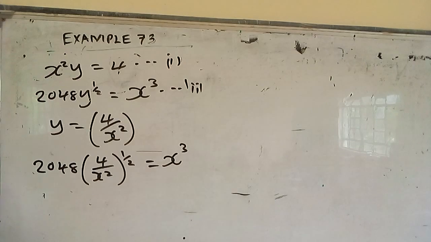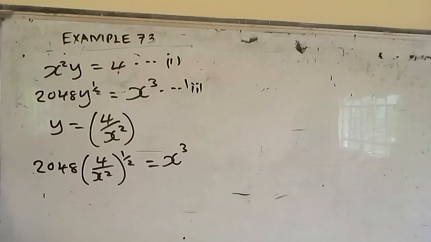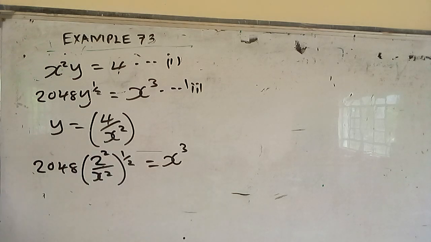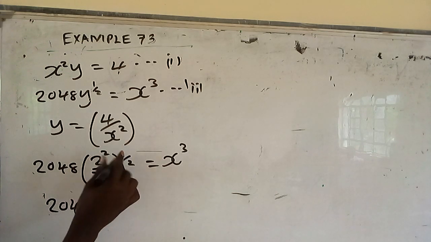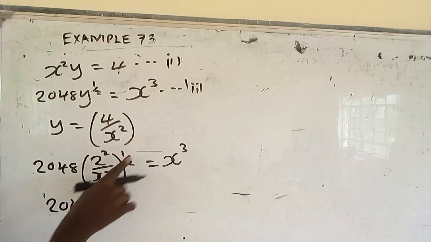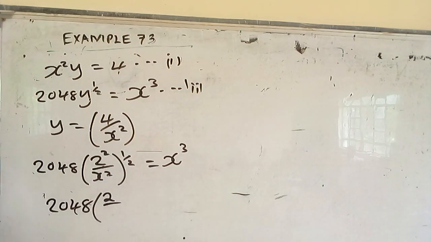Now look here. The power outside is for everything inside. So you know 4 is the same as 2 squared. This is 2048. Power half times power 2, so you remain with 2 raised to power 1, which is just 2. Then power half times power 2, so you remain with x raised to power 1, which is just x. Lots of indices.